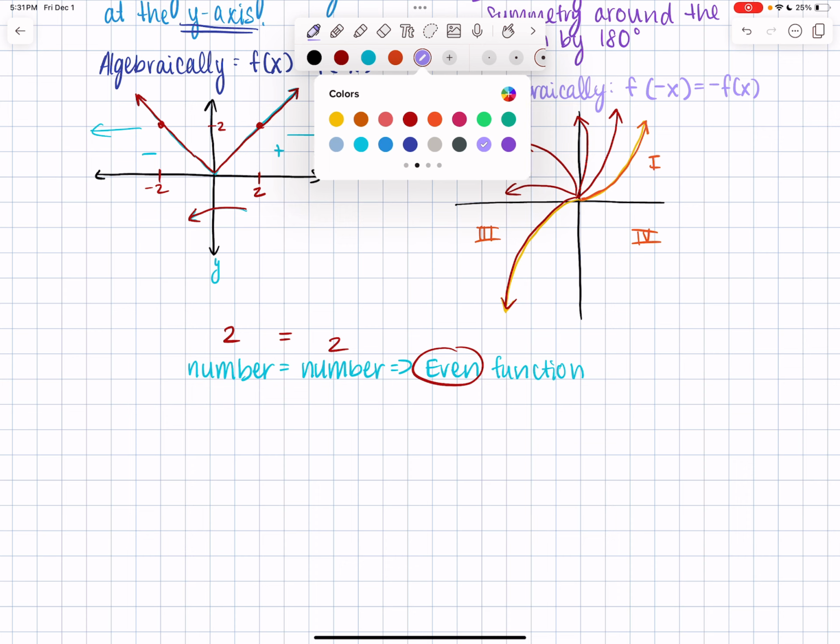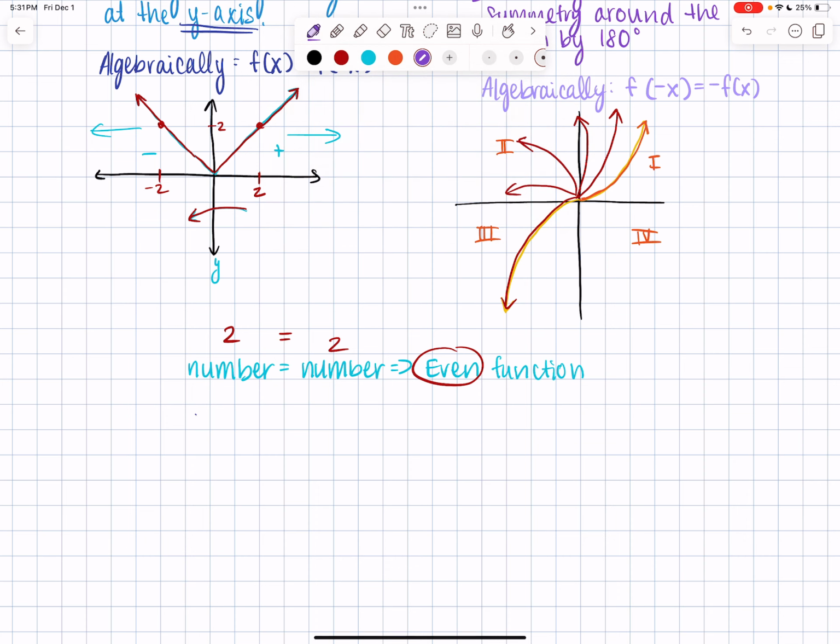Now if it was number equals negative number, that's when you have odd functions. Looking at this graph, when you're at point 2, let's say it's about 2 over here.